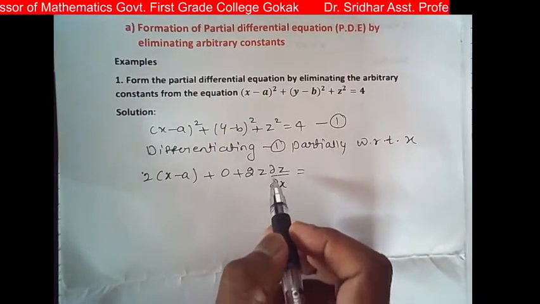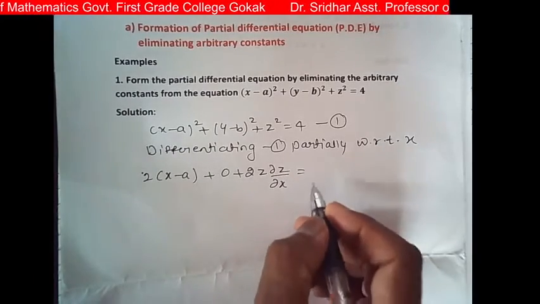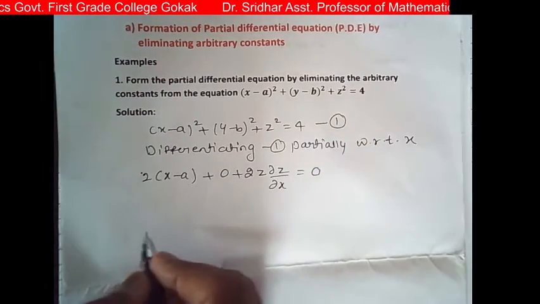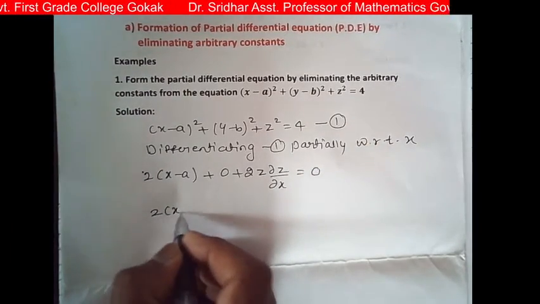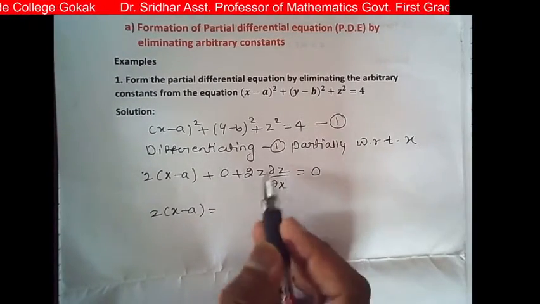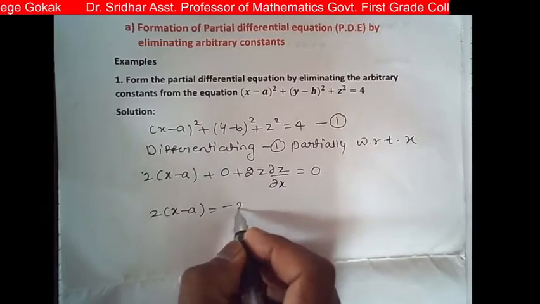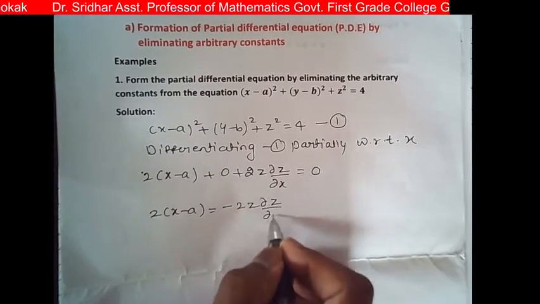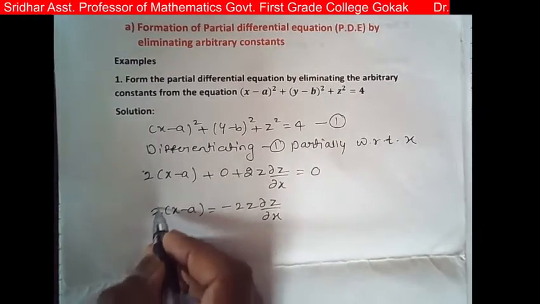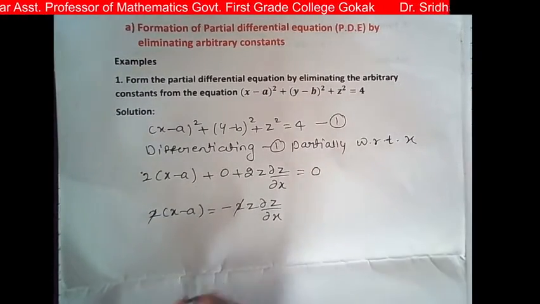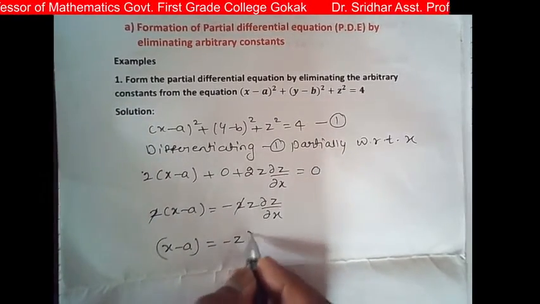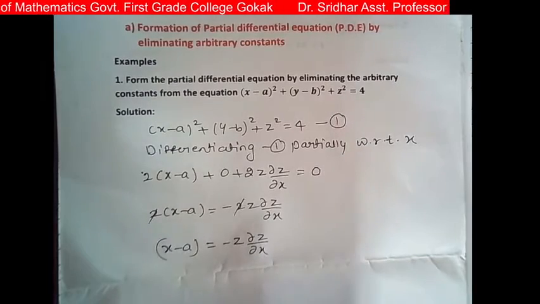The derivative of the constant 4 is 0. Or this can be written as 2 into (x minus a) is equal to, sending this term to that side, minus 2z dou z by dou x. Now on both sides the 2 gets cancelled, which gives x minus a is equal to minus z into dou z by dou x.